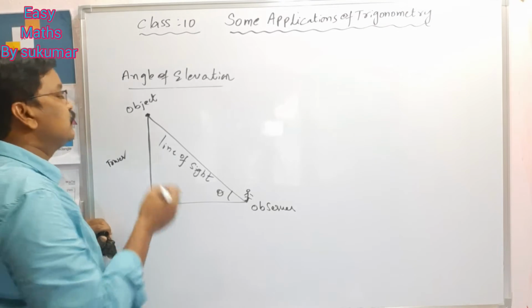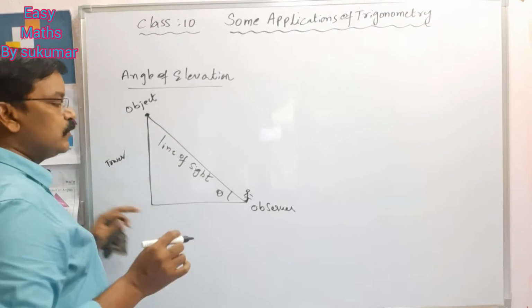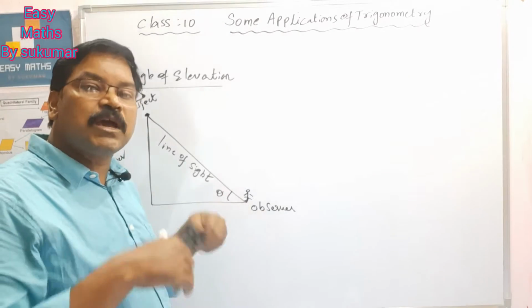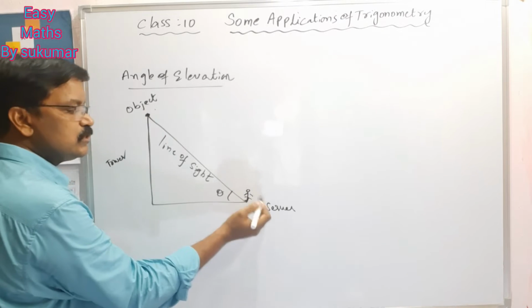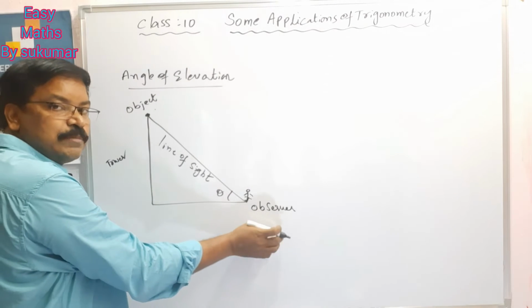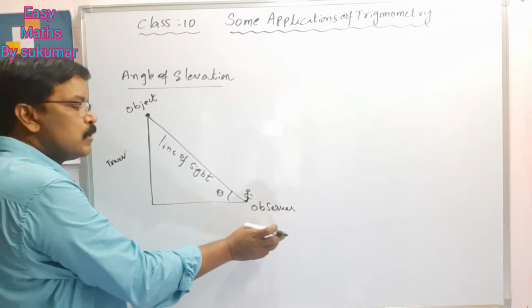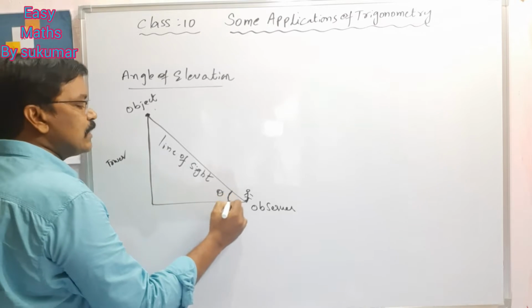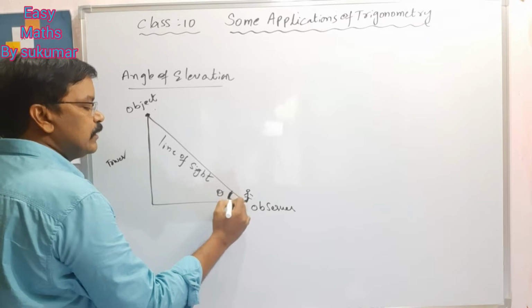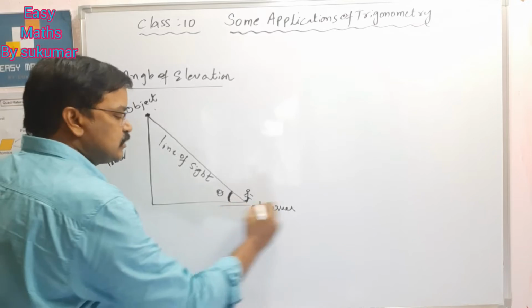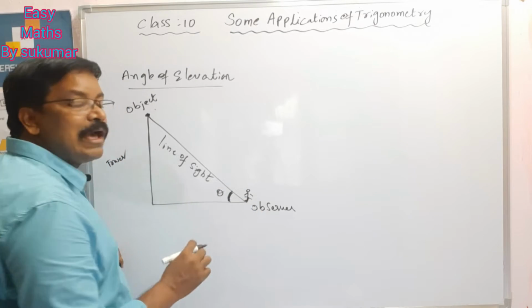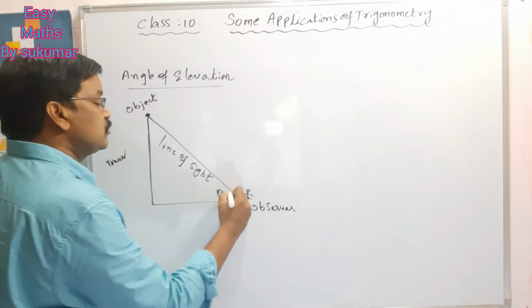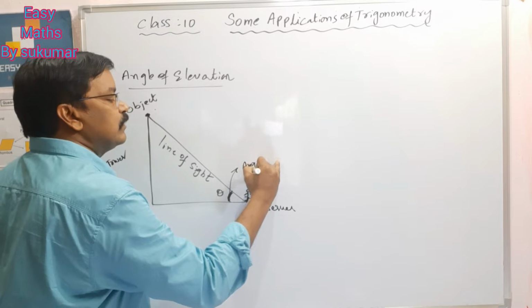If the object is above the observer, just imagine you are the observer, then the angle formed here with the ground is called angle of elevation.